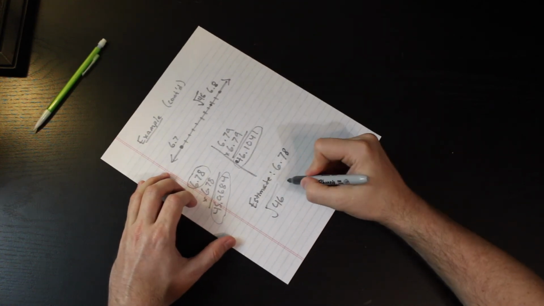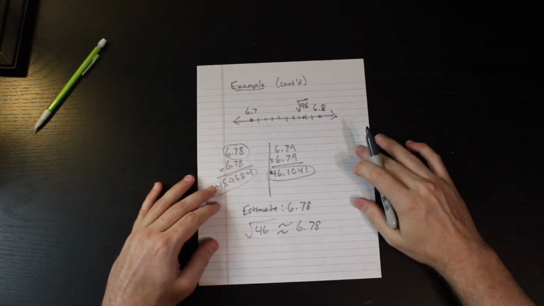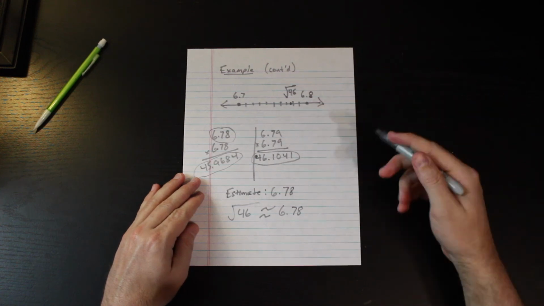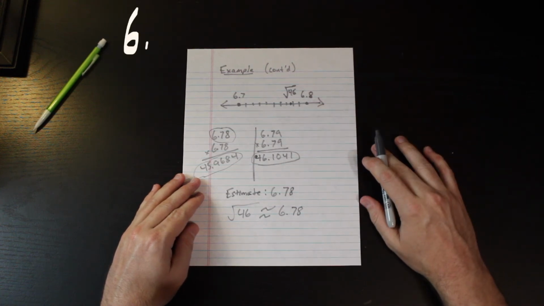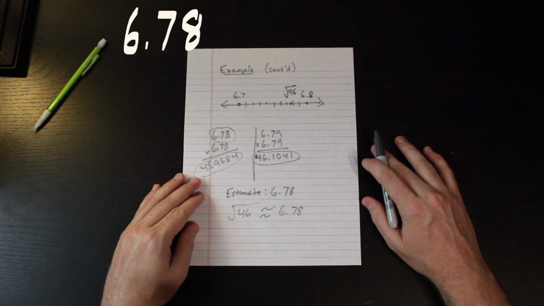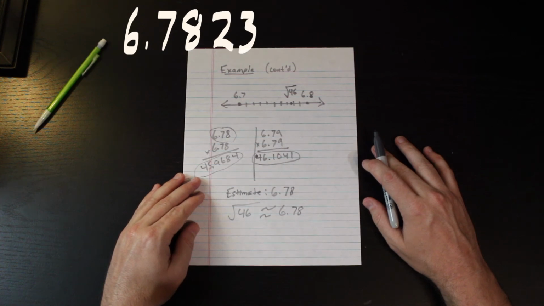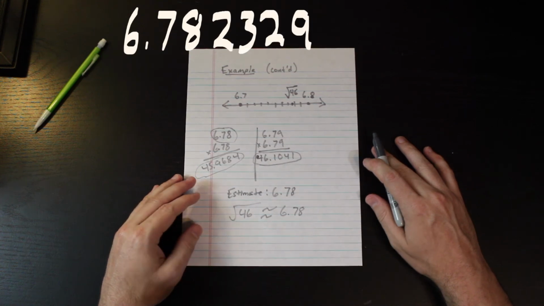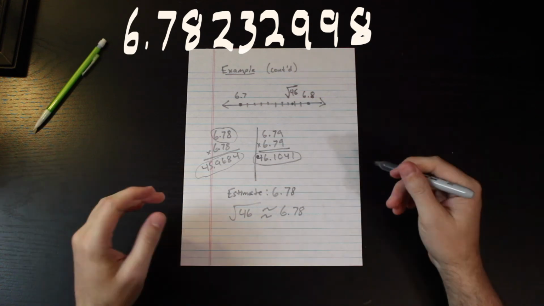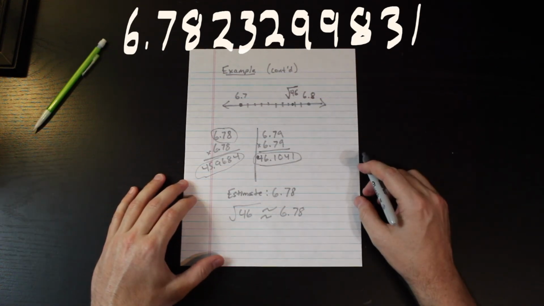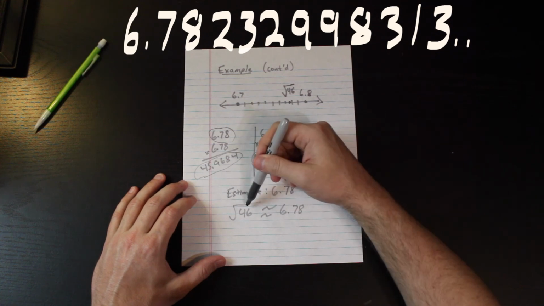If you had all the time in the world, you could keep going like this, refining your answer on and on, getting ever closer to the true value of the square root of 46. However, you'd never actually finish estimating. At no point will you ever find a number that is exactly equal to the square root of 46.